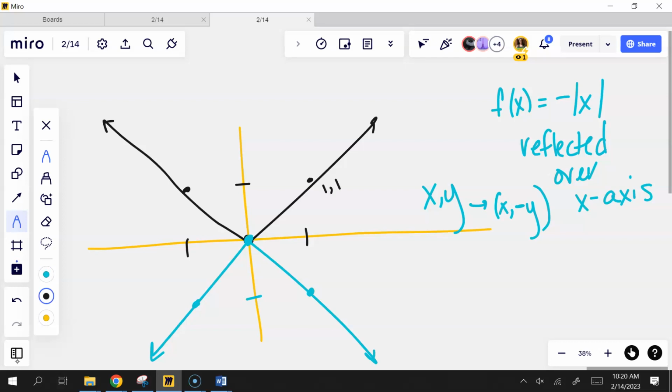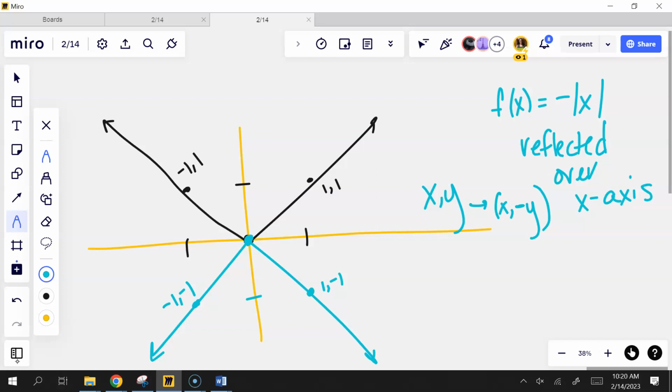When I reflected it, it became 1, -1, right? This point was -1, 1. When I reflected it, it became -1, -1. Does that make sense?